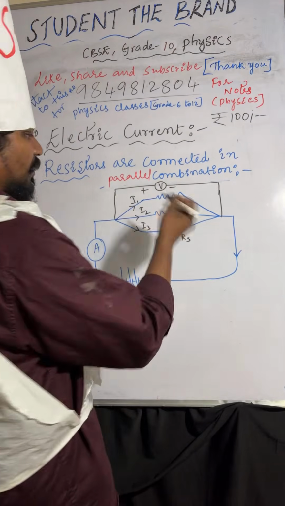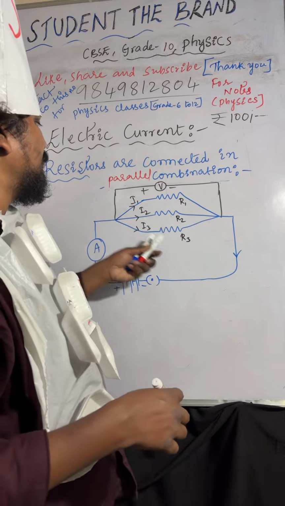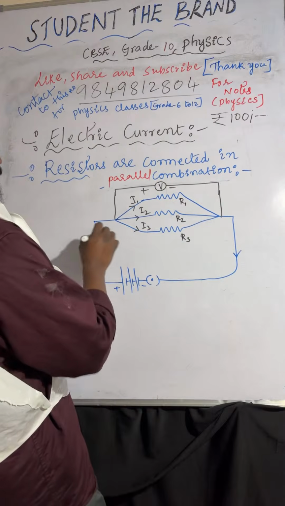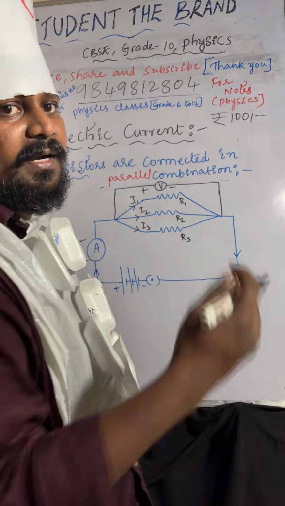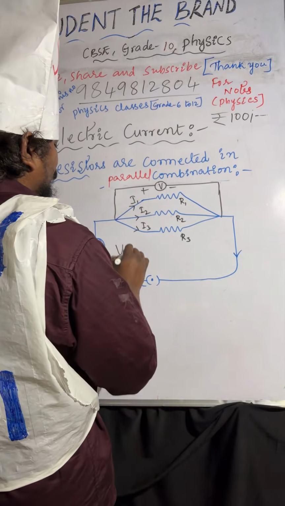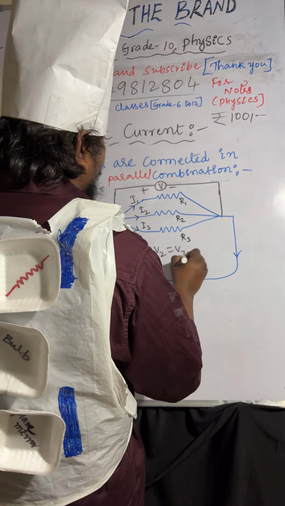So current is dividing into parts: through R1, I1, through R2, I2, through R3, I3. So in this case, you can observe potential difference is same, but current is different. So Vp equal to V1 equal to V2 equal to V3 equal to V.